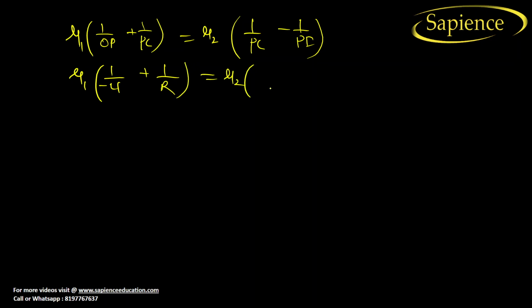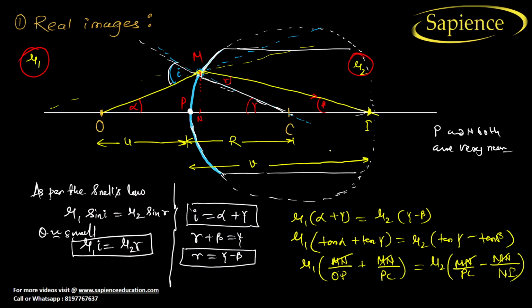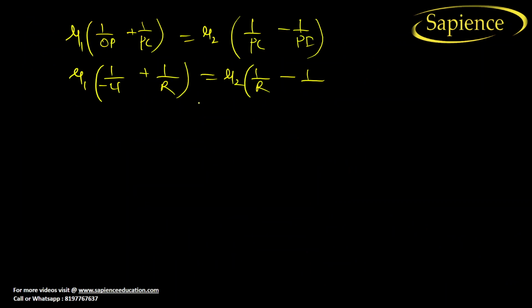PI means v, so 1 by v. We rearrange this equation. Finally we get minus mu1 by u plus mu1 by r is equal to mu2 by r minus mu2 by v.